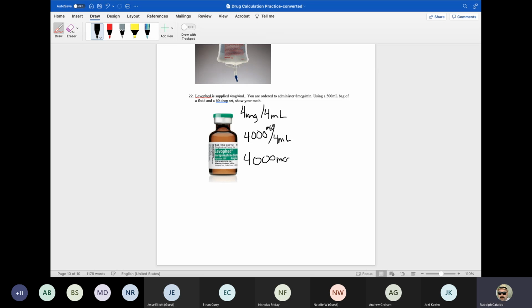So we now become 4,000 and 500. Still with me? If I take that whole vial, draw everything up, and inject it into a 500 mL bag of fluid, this is what I would get, because the medication didn't change, I just put it into a bigger container.